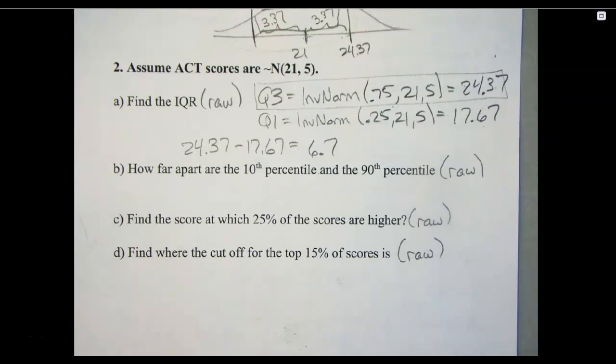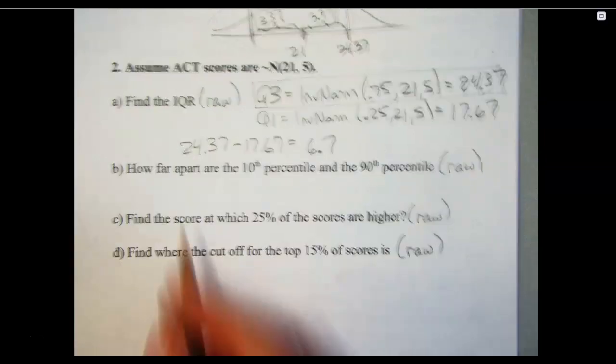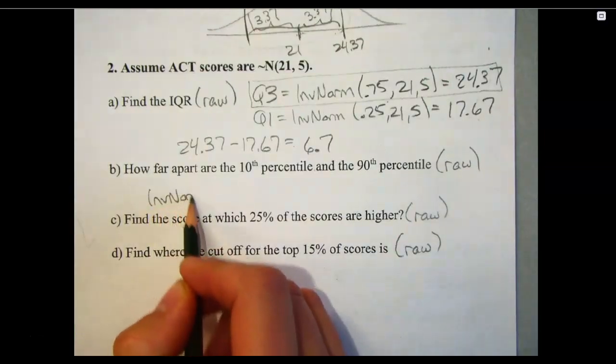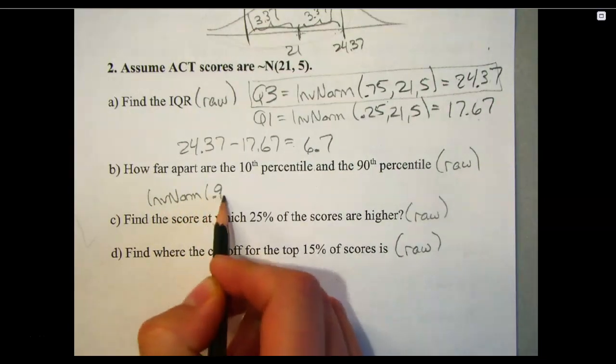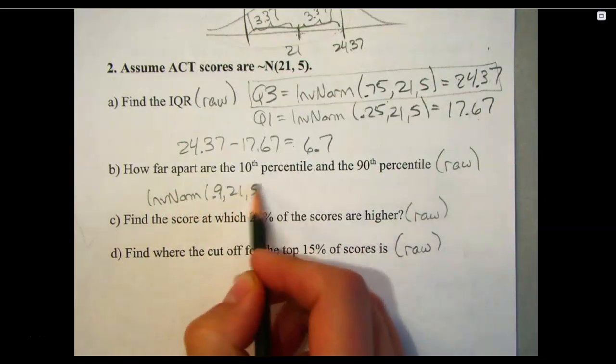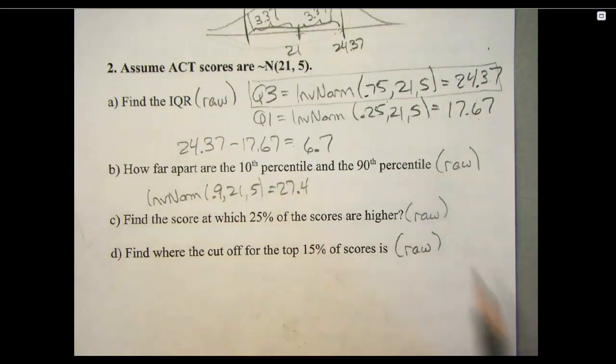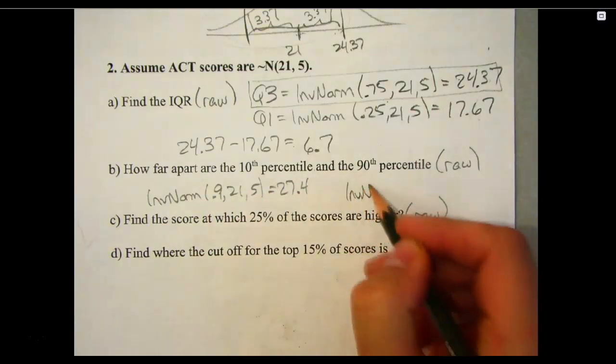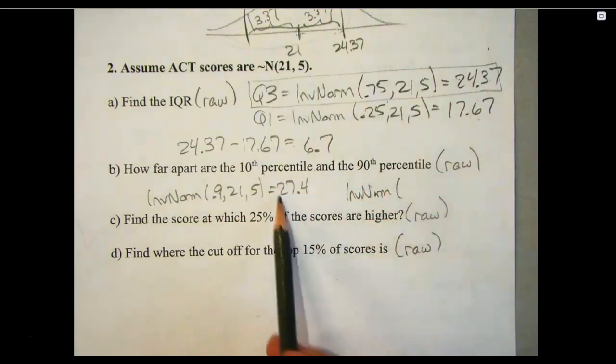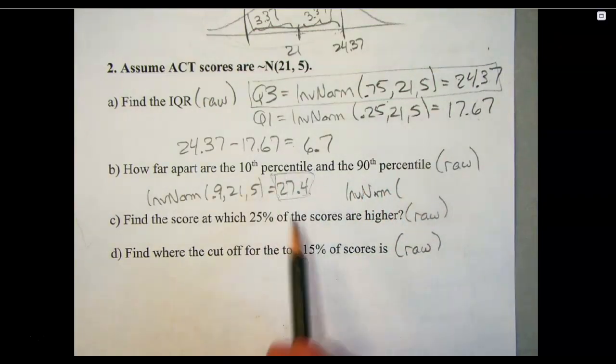B, how far apart are the 10th and 90th percentile? So I could do kind of the same deal. But I'm going to go inverse norm 0.9, then 21 and 5, and I get 27.4. So again, I could go, okay, well that's 6.4 away from the mean.